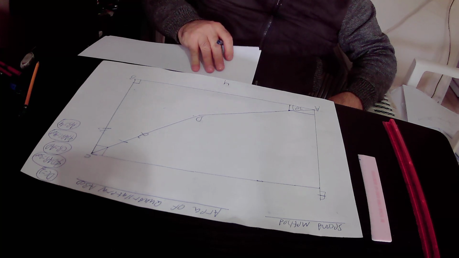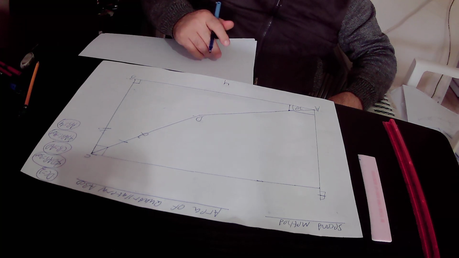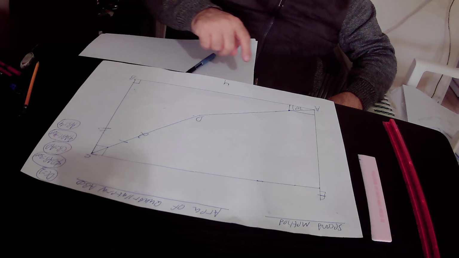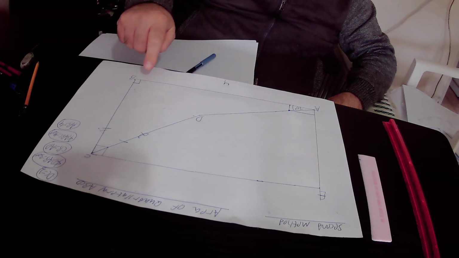In quadrilateral ABCE we have three right angles, 1, 2, 3.